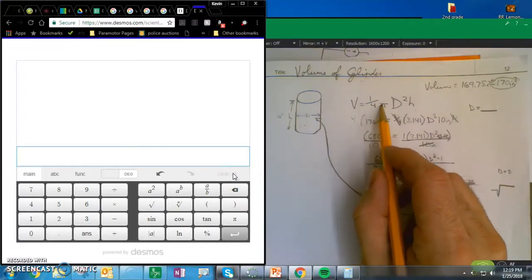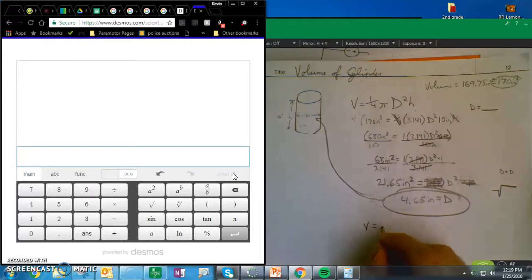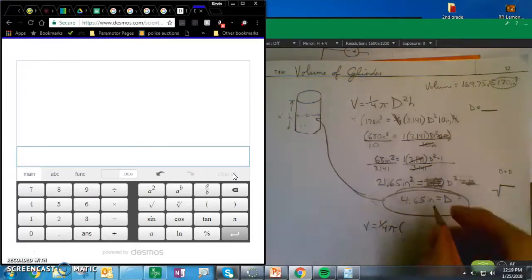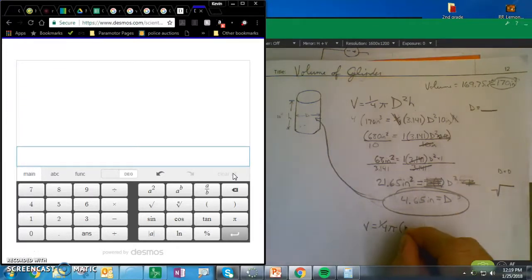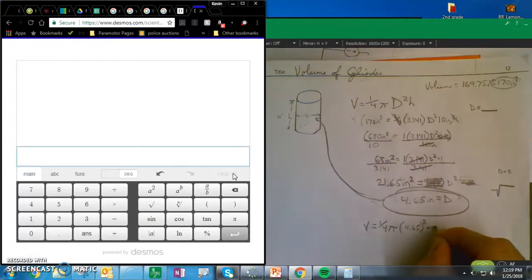V equals 1/4 pi d squared h. V equals 1/4, pi, times d, 4.65, squared, times the height, times 10.